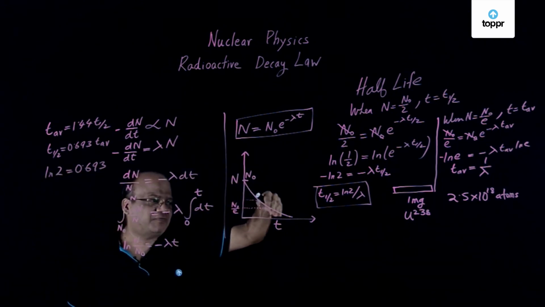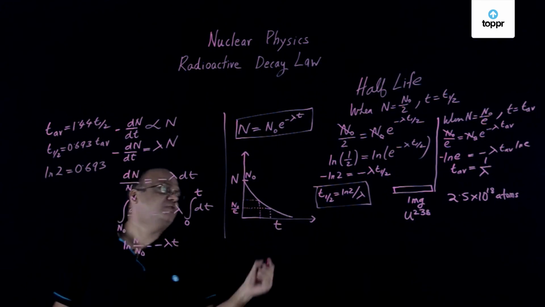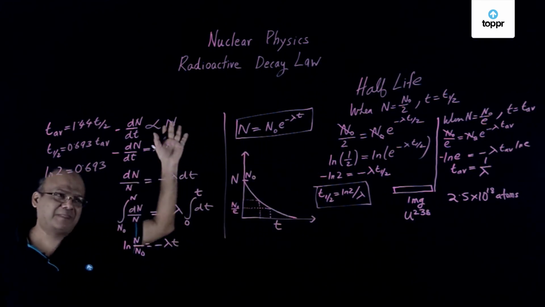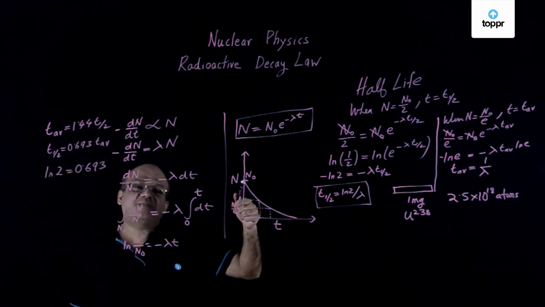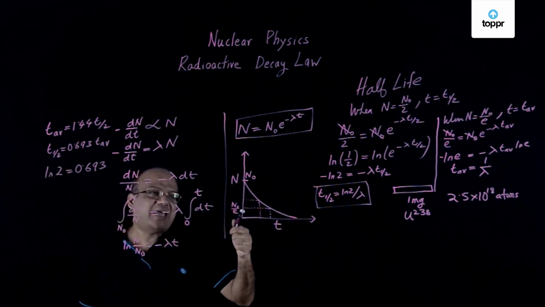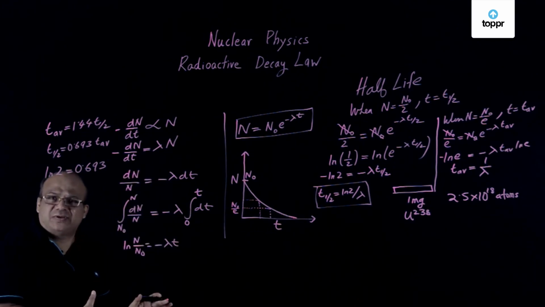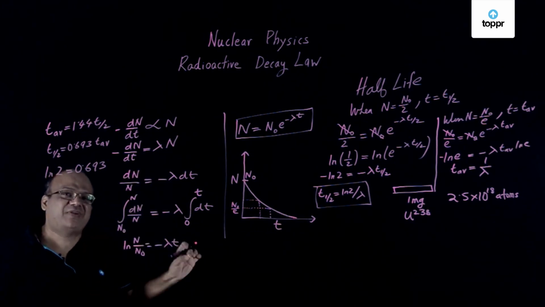And then we got this graph, the exponential decaying graph, which will meet the x-axis only at infinity. Initially there are N naught number of nuclei. The time at which the number of nuclei becomes half, that is known as half-life.